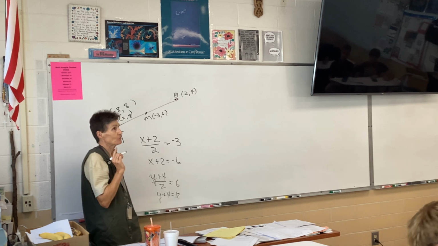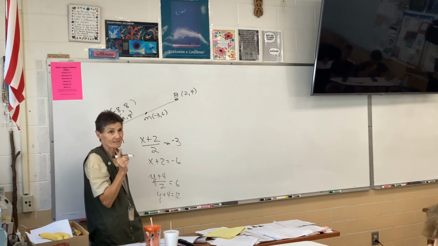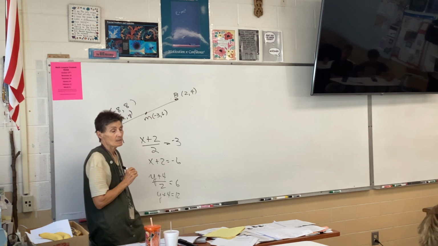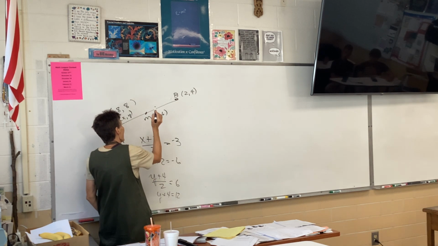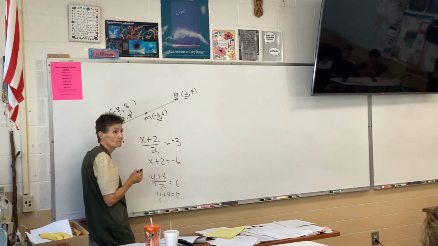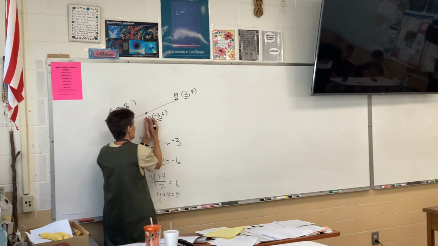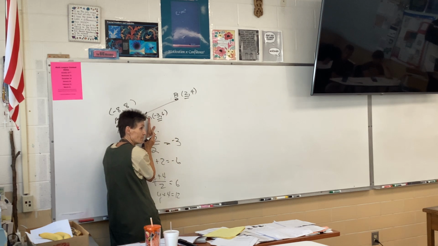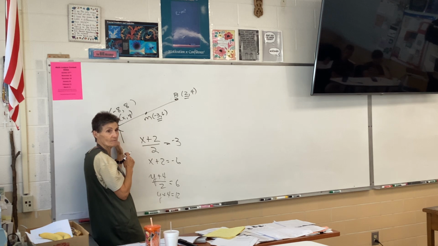Now, I totally love Bennett's idea of using distance. But use it this way. How far is it from -3 to 2? 5, right? So if from here to here is 5, then doesn't from here to here also have to be 5?